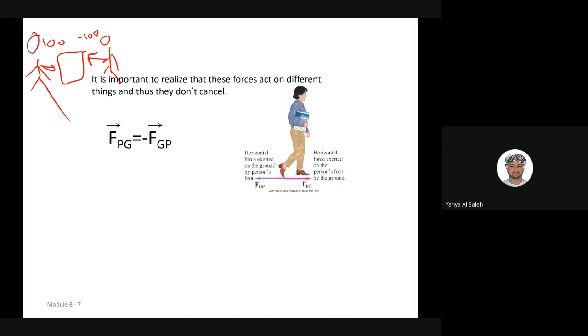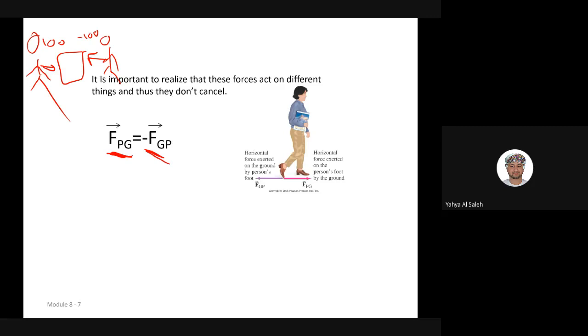انزين، I am putting F_PG, sorry, I am putting F_GP, my foot on the ground, so I am exerting the force on the ground. F_PG, which is opposite in direction and the same magnitude, is the ground pushing on me.